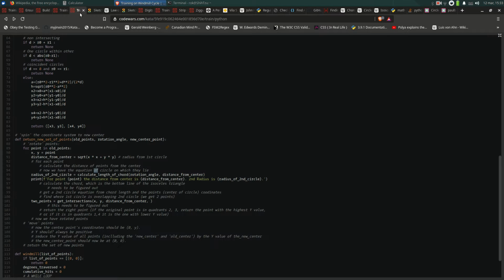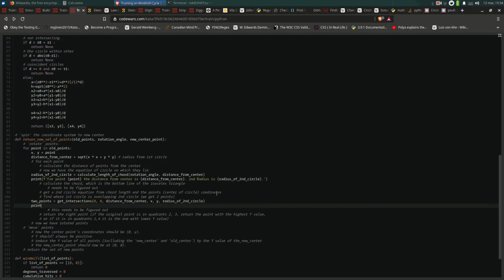Okay, so the first, I guess, is 0 and 0. Those are the coordinates, and distance from center is the radius. And the next one is x and y, and it's called radius of second circle. So let's print out 2 points.